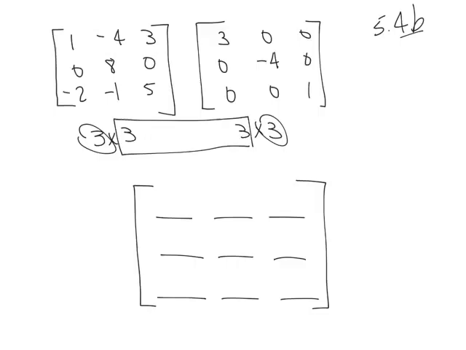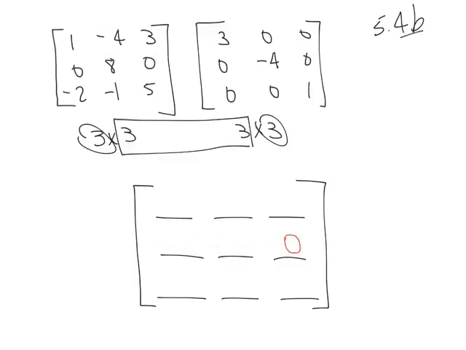So I'm going to take, first of all, 0 times 0, 8 times 0, 0 times 1, and that will give me the number there, and I'm going to add them all together. Fortunately, all of these are zeros. 0 times 0, 8 times 0, and 0 times 1, so I know that this place right there is going to be a 0.